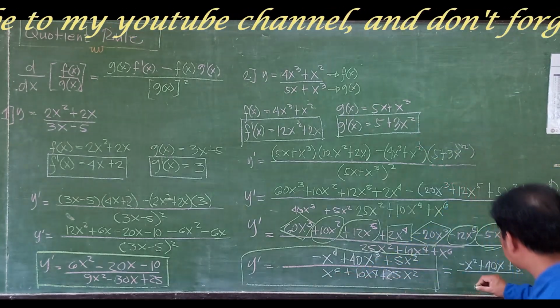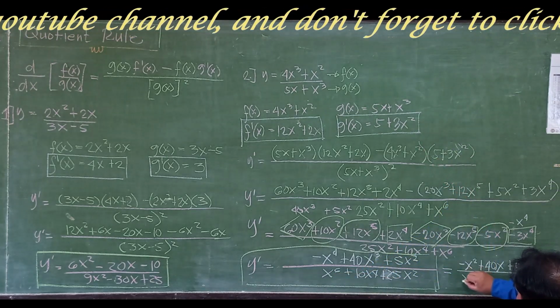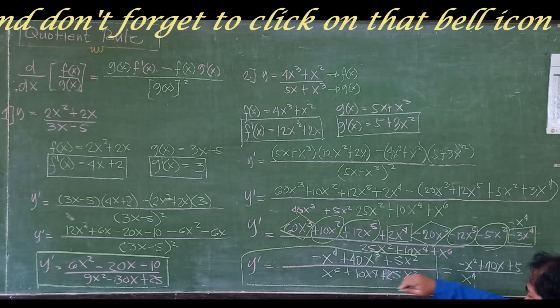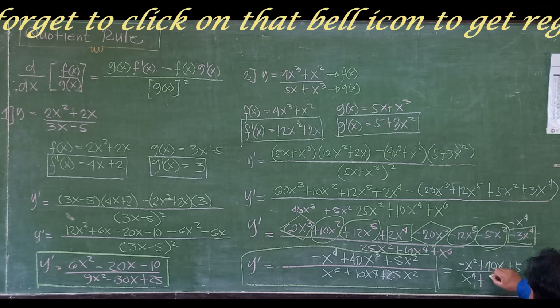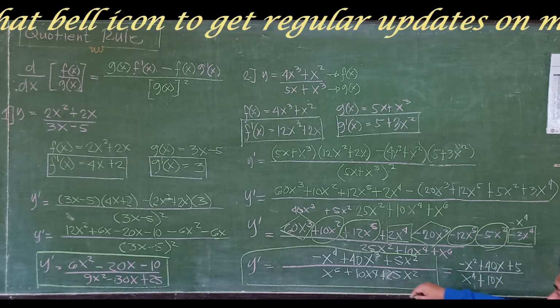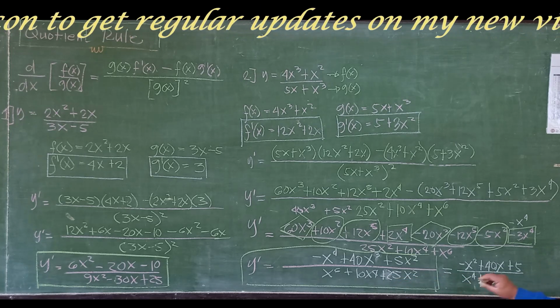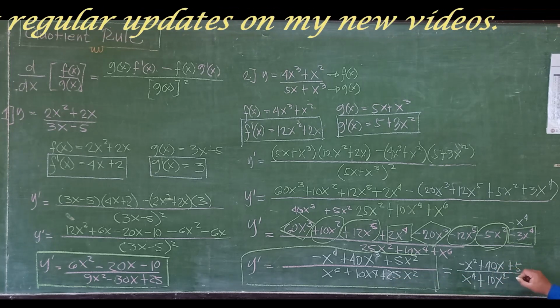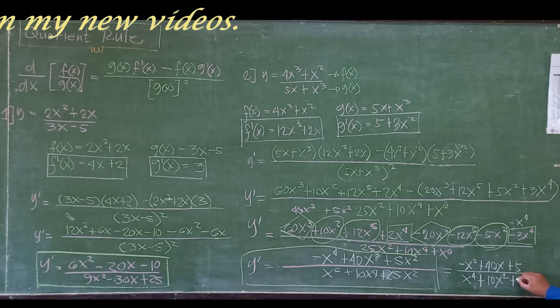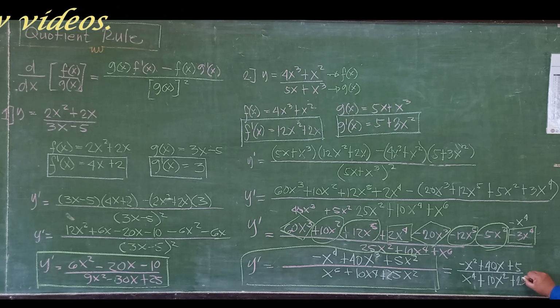And what about in here? What remains is x raised to 4. What about this one? Plus 10x raised to 2. And what remains in here is plus 25.